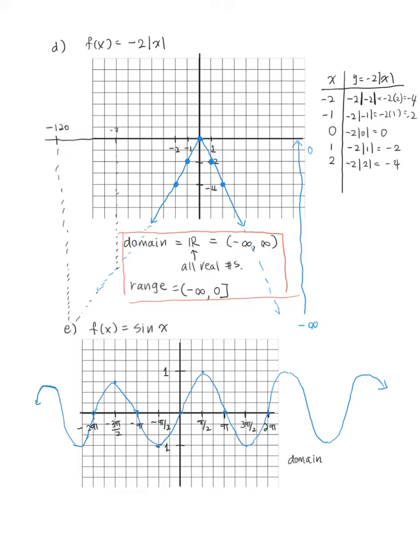And where does it end? This tail end keeps oscillating, so our x value goes towards positive infinity. So the domain is all real numbers. Here I'm going to write it as negative infinity to infinity.